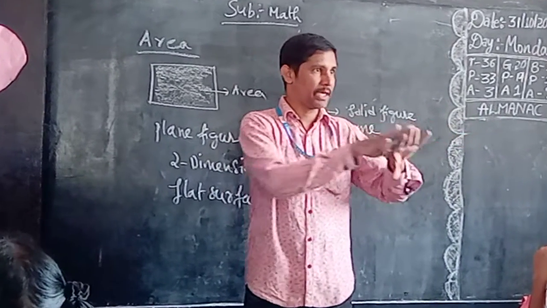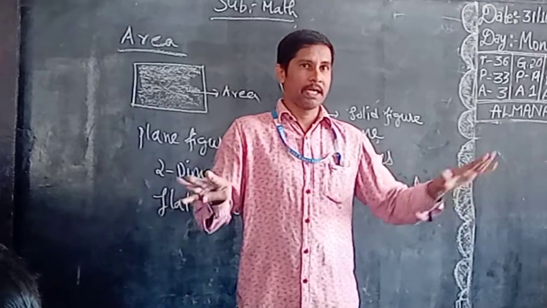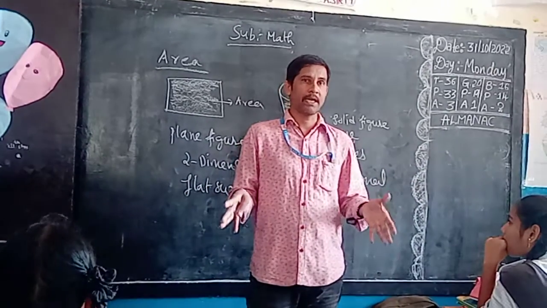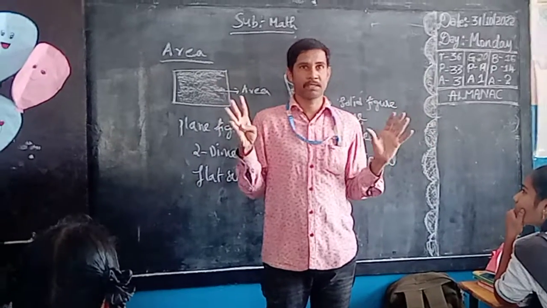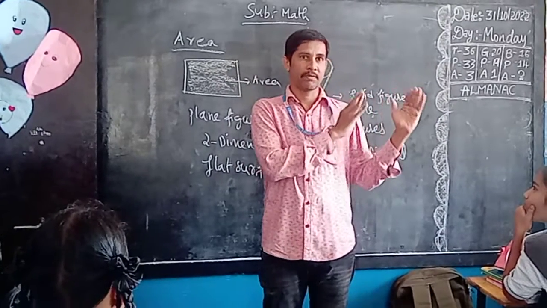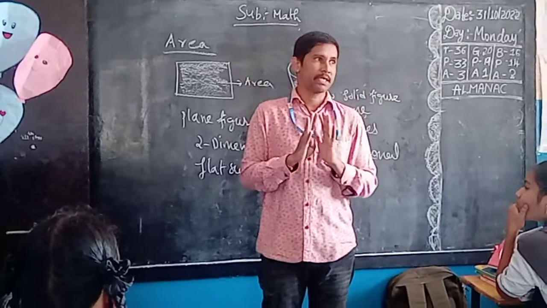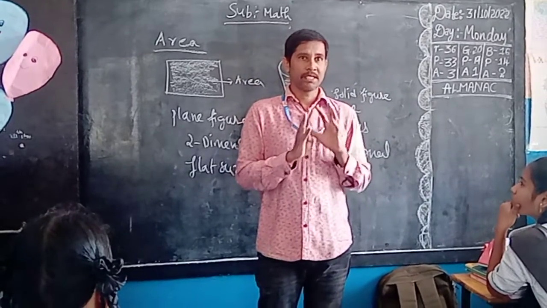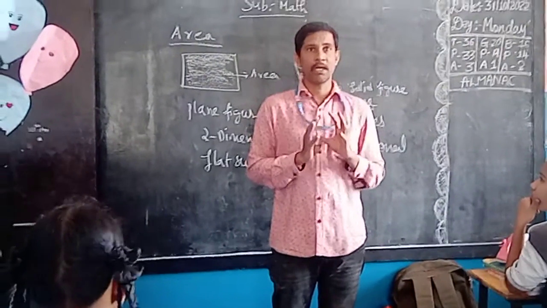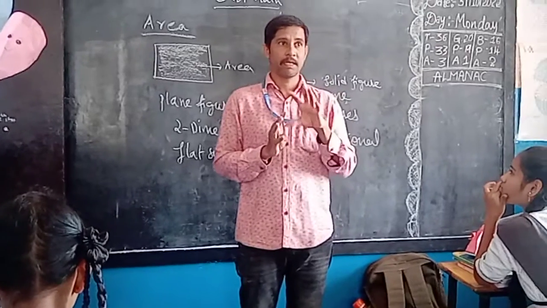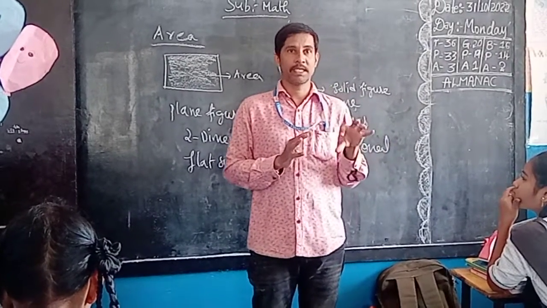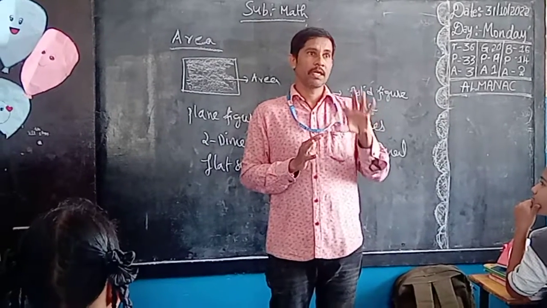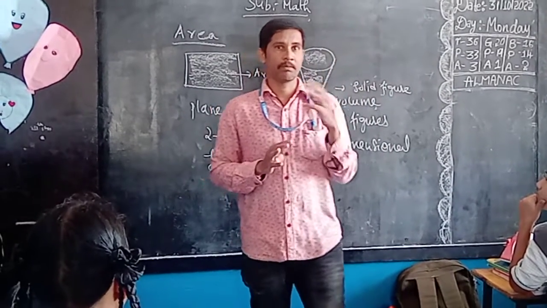Because it has only a flat surface. Later on, in that land I will build a school with different shapes. The balcony has a different shape, and the classrooms have different shapes. Whatever we do is done with measurements. We will measure the areas and volumes to construct a school or building.